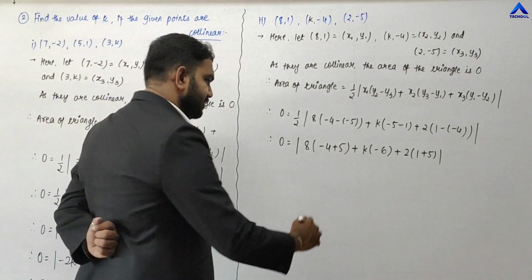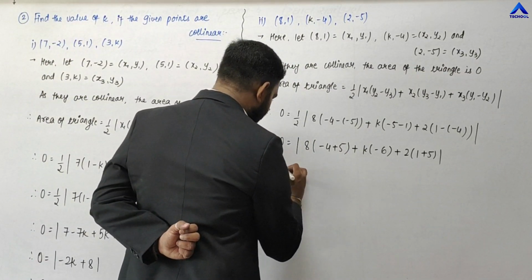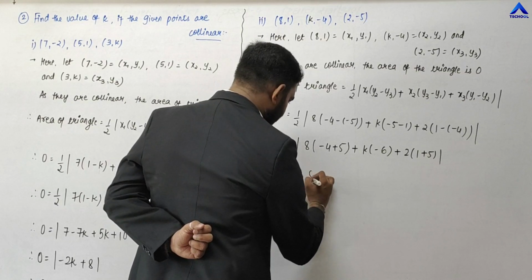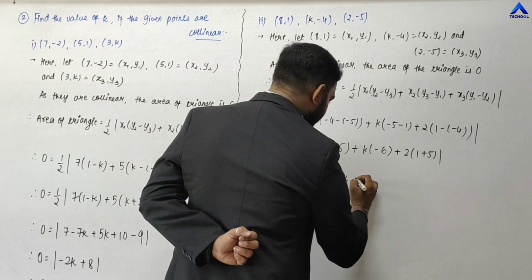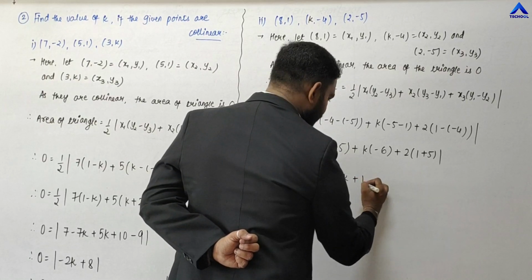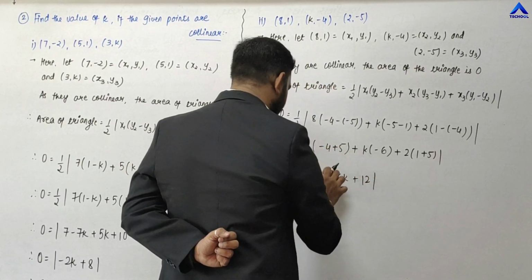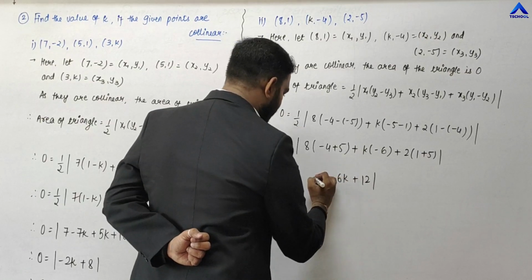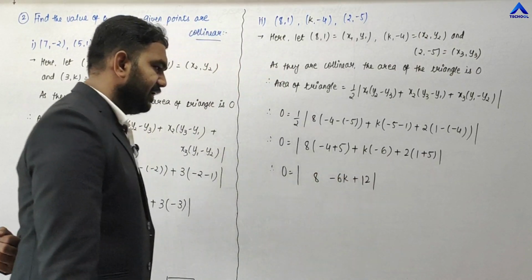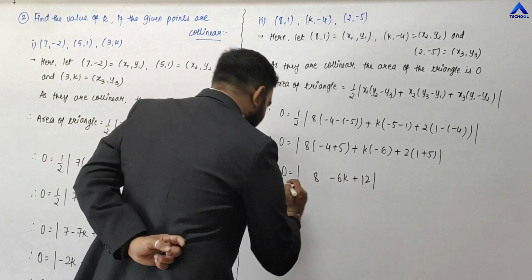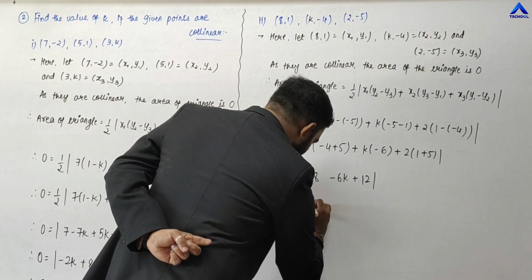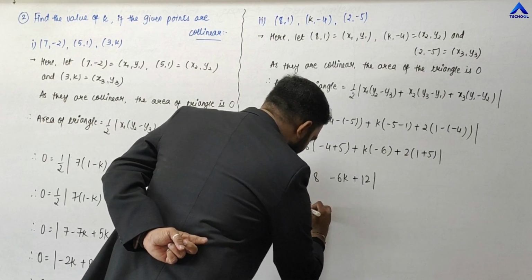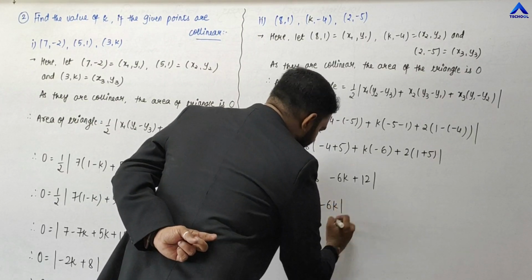Right? Let us solve this. Therefore 0 equals modulus 8 into 1 minus 6k plus 5 plus 1 is 6 into 2, 12. You can directly write it down, 8 into 1, that is 8. Right? So that is 8 plus 12, 20. 0 equals modulus 20 minus 6k.